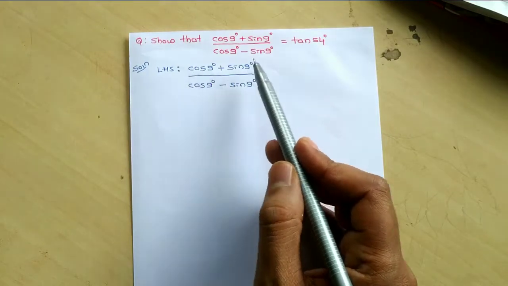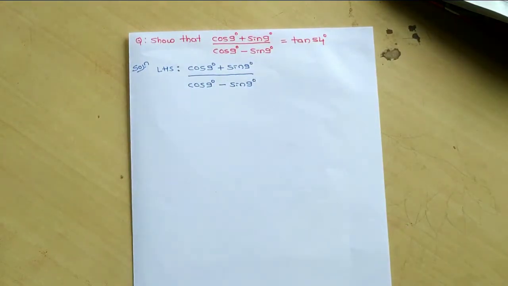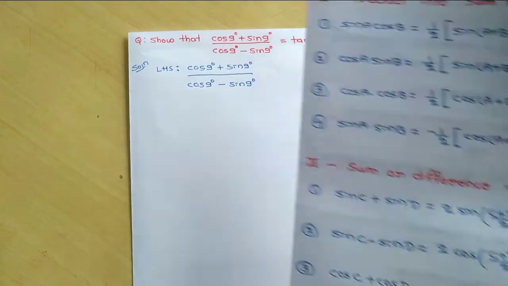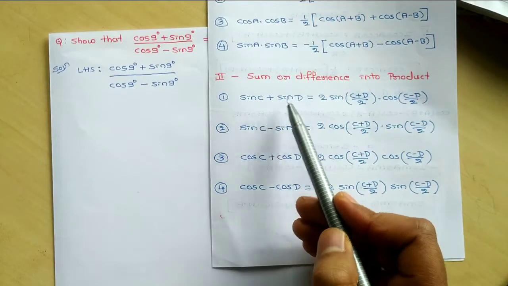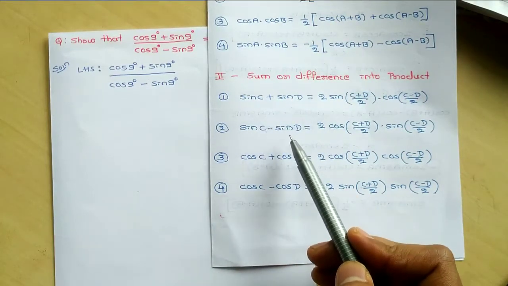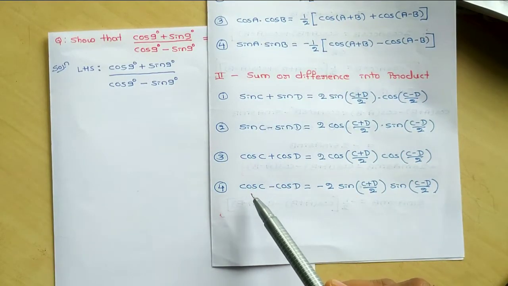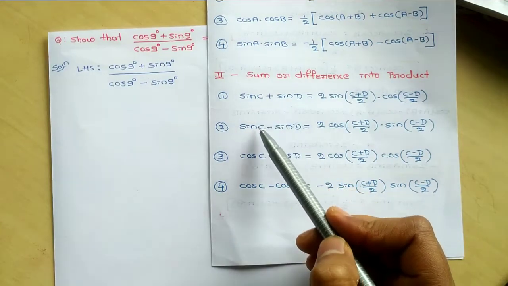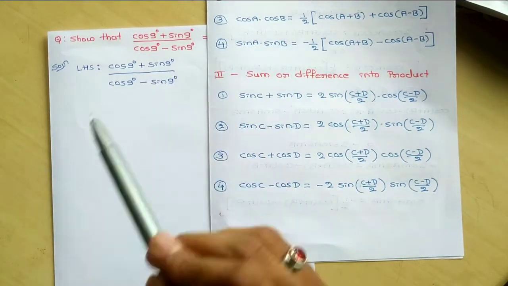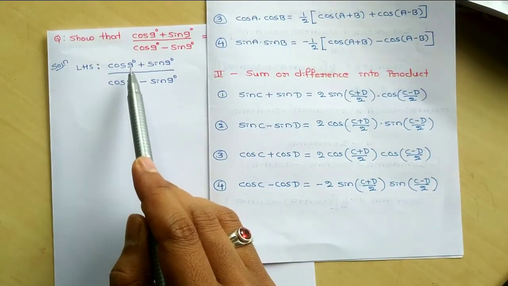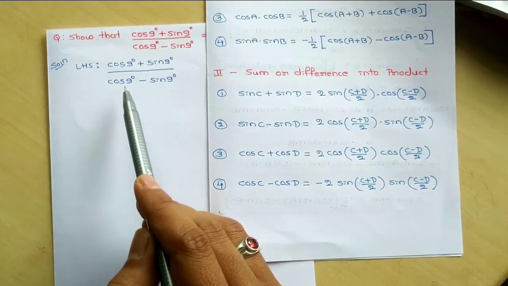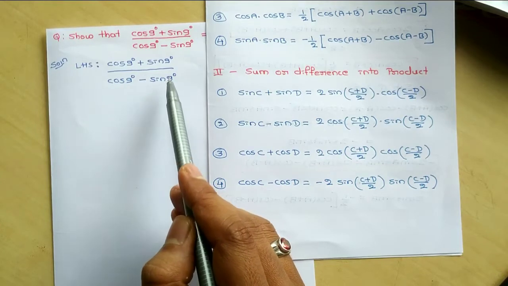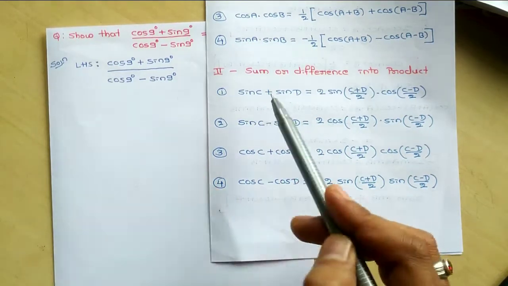Now you can observe here, you cannot apply the transformation formulas: sin C plus sin D, sin C minus sin D, cos C plus cos D, cos C minus cos D. These four formulas you cannot apply, because here cos 9 degree plus sin 9 degree, again cos 9 degree minus sin 9 degree. For cos and sin there is no formula.